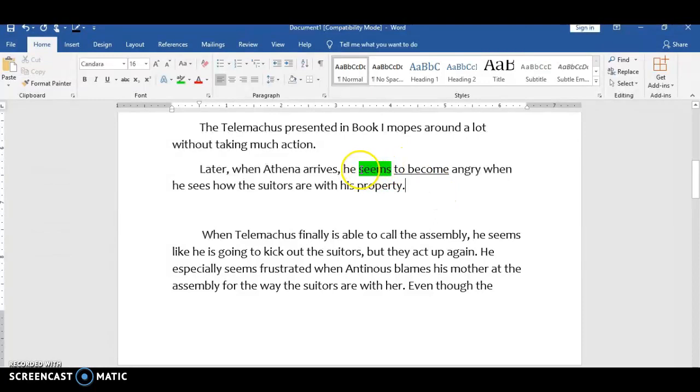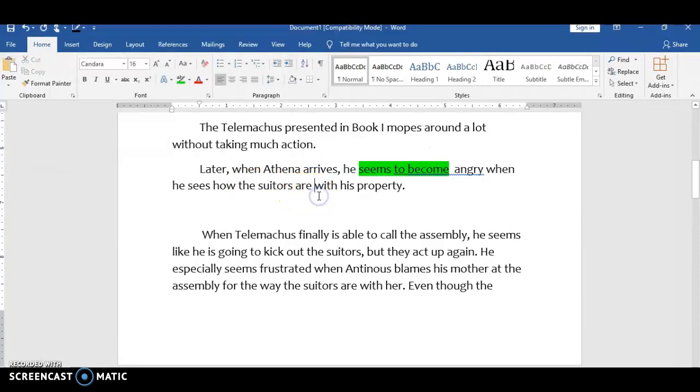So for all intents and purposes, seems to become is a linking verb. I could replace that whole thing with the word is. He seems to become, he is angry. So because I could replace it with just a single word linking verb, I know that I've got, for want of a better term, a linking phrase here, which is terrifying. There's another one, how the suitors are with his property.